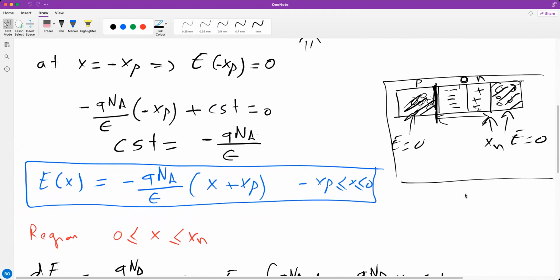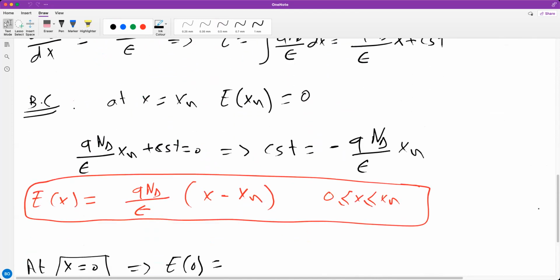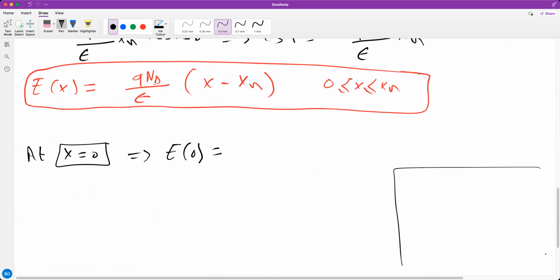So how do we calculate E0? The electric field is a continuous function. Let me just do this again. This is x, this is 0, this is xn, this is minus xp.